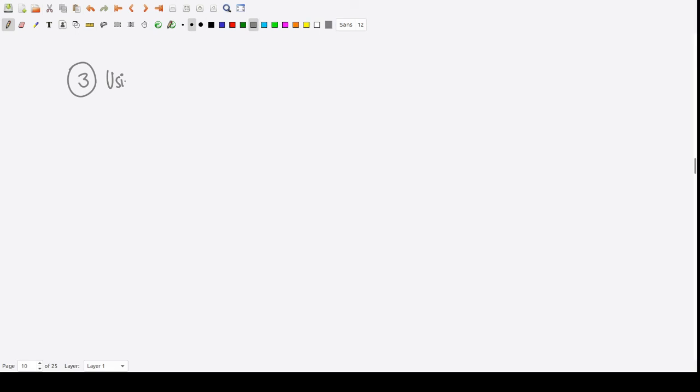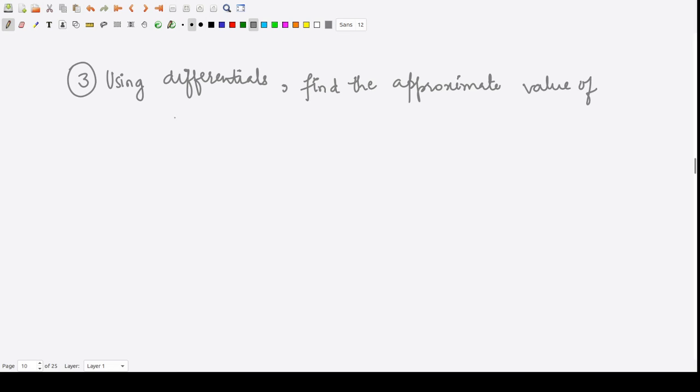So using differentials, find the approximate value of the square root of 298 square plus 401 square. So using differentiation, how do you find this expression?